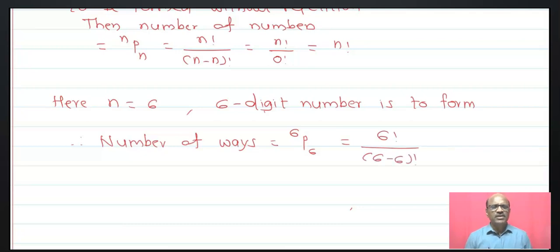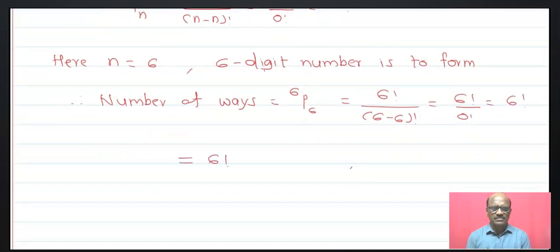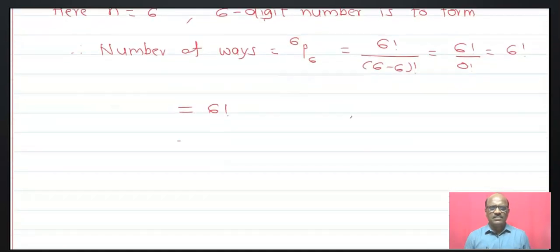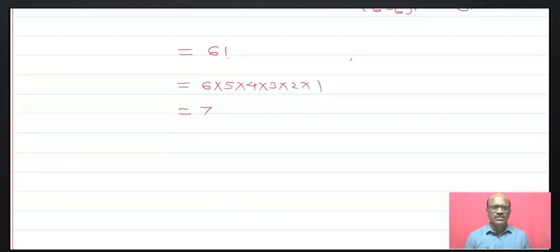That is 6 factorial upon (6 minus 6) factorial, and overall it is equal to 6 factorial. That is 6 into 5 into 4 into 3 into 2 into 1. That is 720. Hence that many numbers can be formed.